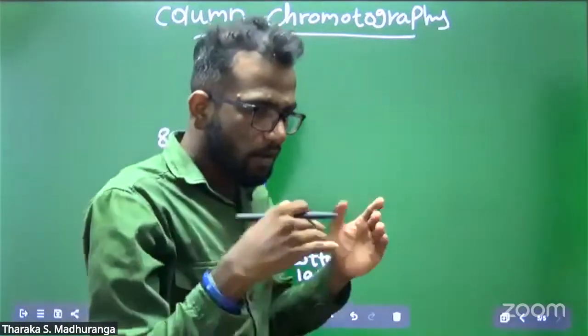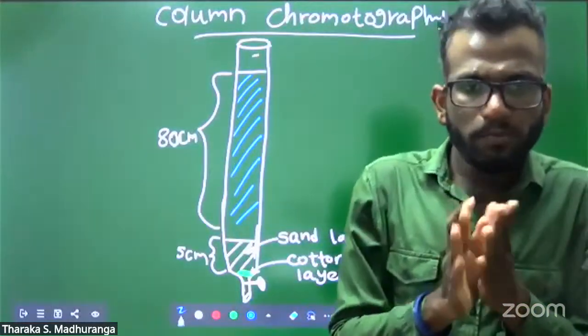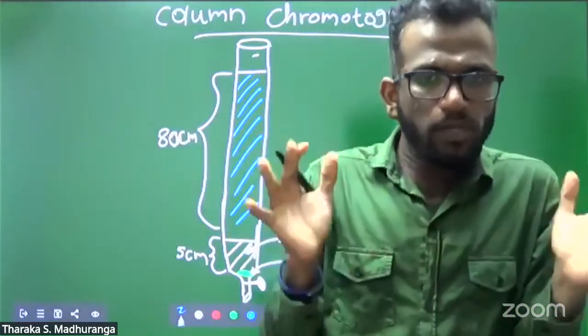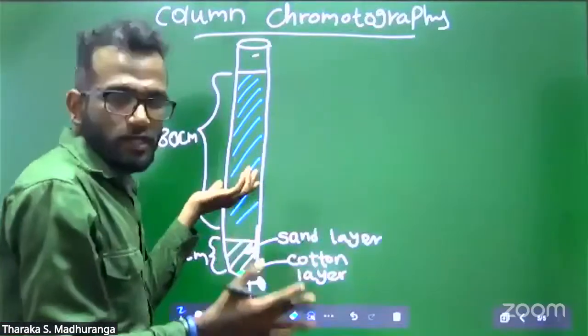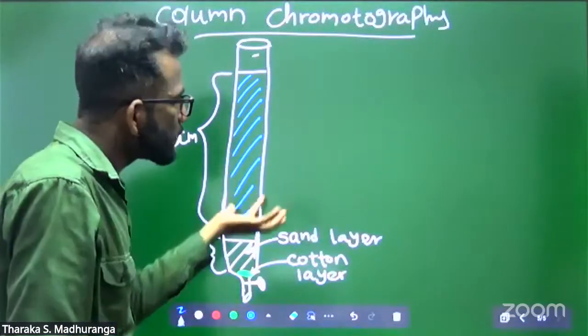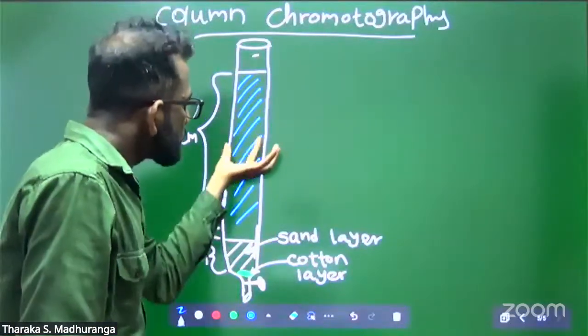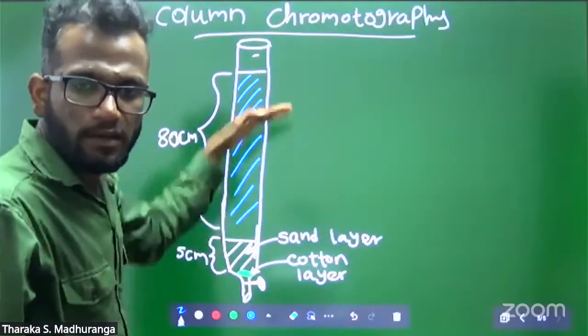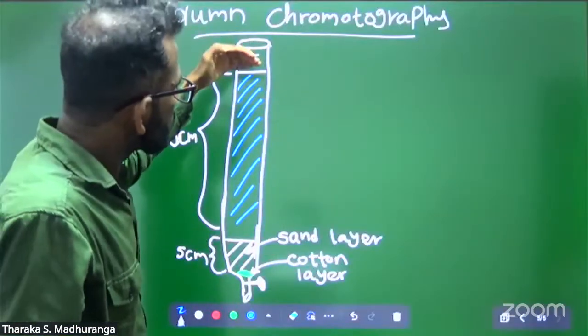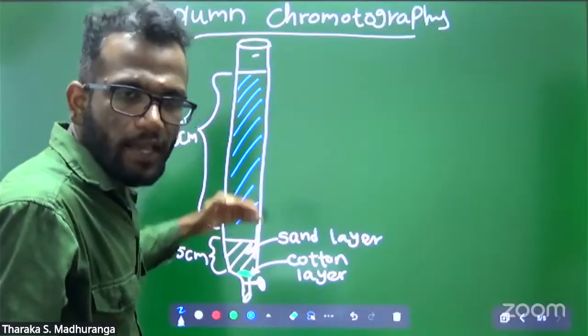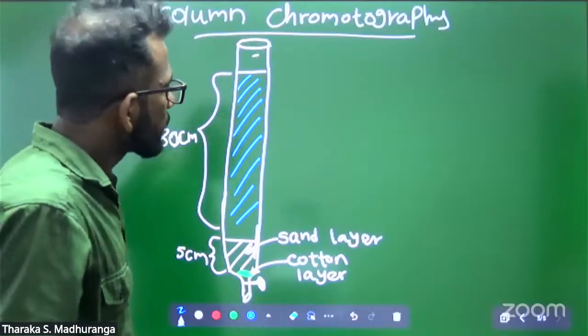Then we keep it for some time at room temperature, and it becomes semi-solid, not solid. It forms a gel layer like this, a complete gel layer of approximately 80 centimeter.